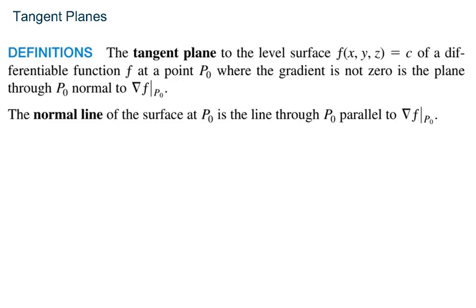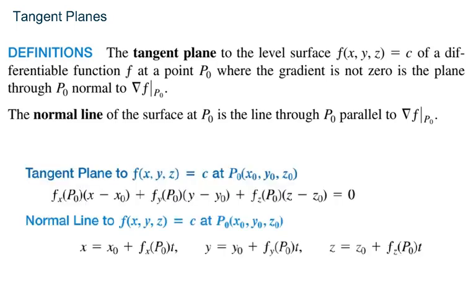And we can find both the tangent plane and the normal line using these formulas that you now see in front of you. So the tangent plane to a function at a point is the partial of f with respect to x evaluated at that point times x minus the x value from the point, plus the partial with respect to y evaluated at the point times y minus y naught, and similarly the partial with respect to z at that point times z minus z naught, equal to 0.